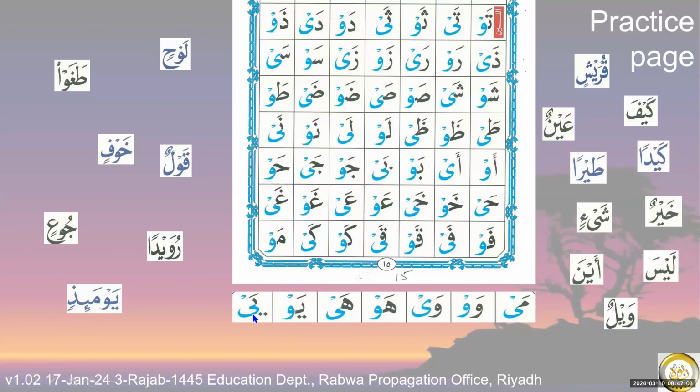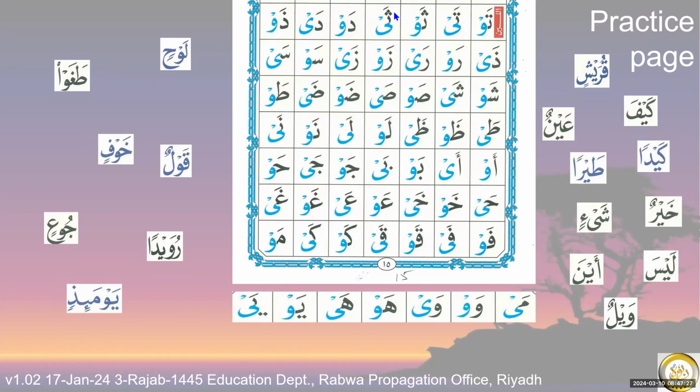Now let us see the examples. Here we have a few examples which show how we can practice the leen. Ta fatha waw sukun, taw, waw leen. Ta fatha ya sukun, tay, ya leen. Sa fatha waw sukun, saw.